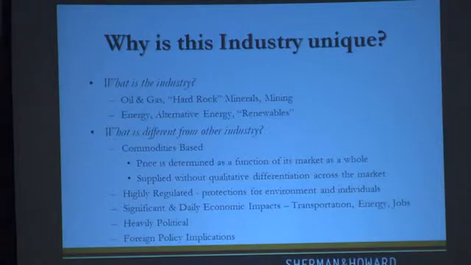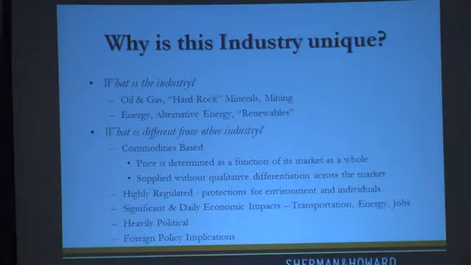The energy industry and oil and gas is different from other industries, primarily because it's commodity-based. It is similar to the agriculture industry because of this, but by saying it's commodity-based, it's because the price is determined by the function of the market as a whole. Oil producers don't say, I want you to give me $150 for this barrel of oil.